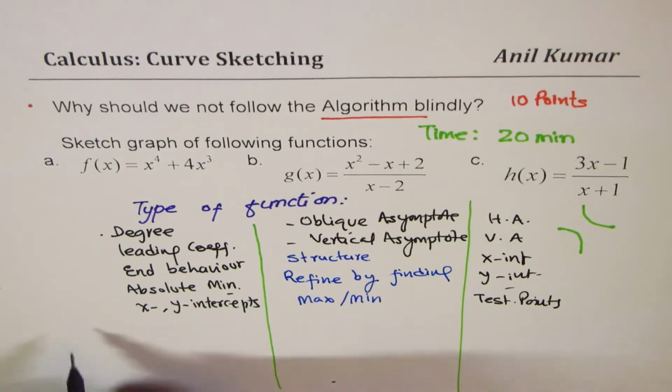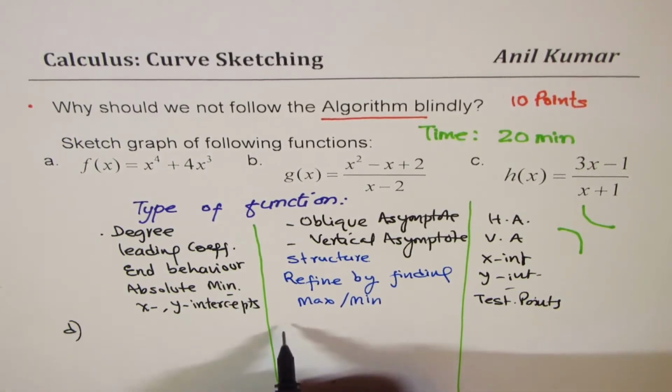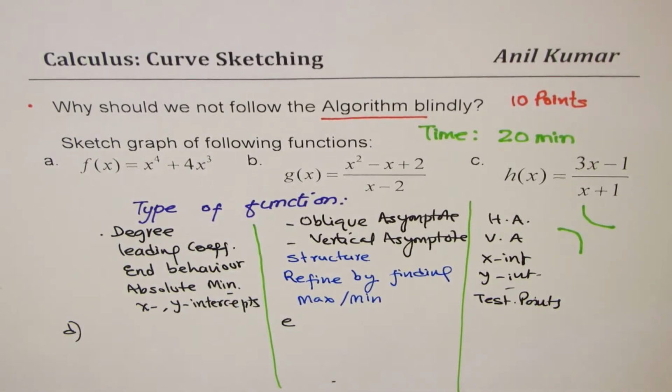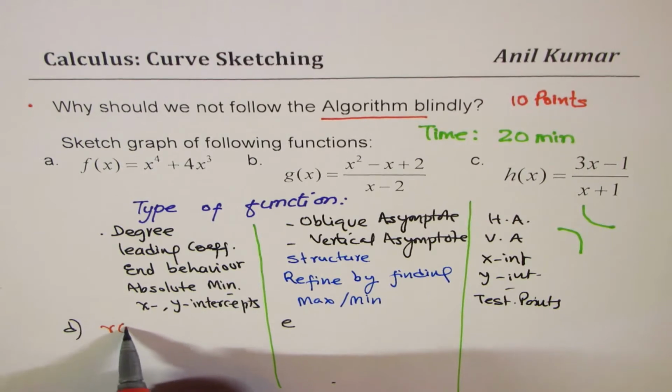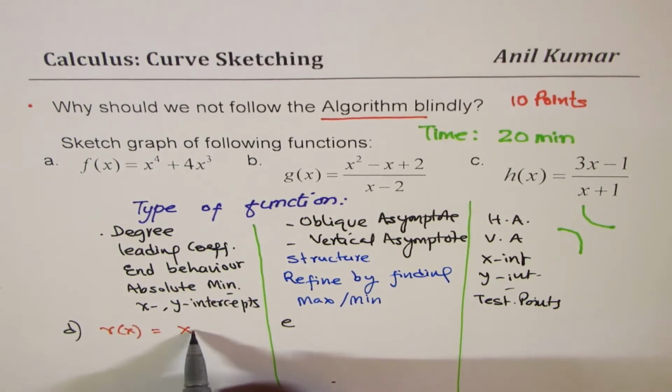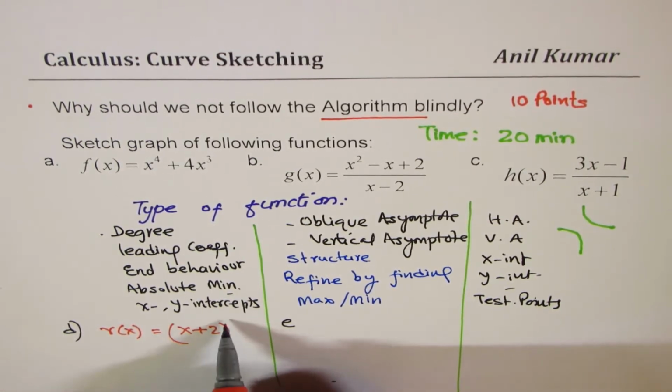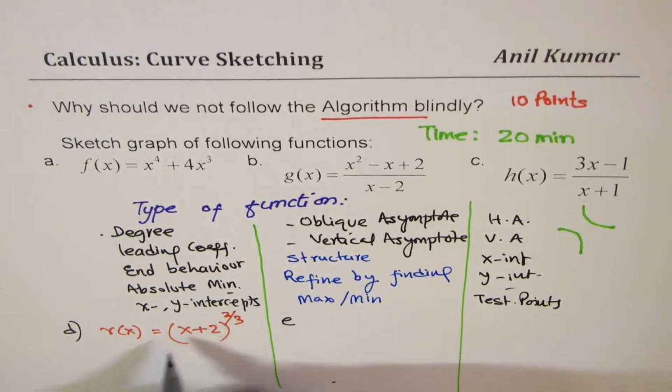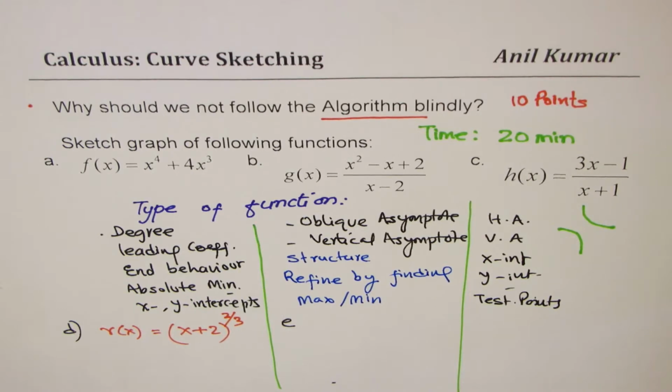Now let me give you some difficult questions to work with, which I'd like to give like this. Let us say one of my functions will be a radical function, say x plus 2 to the power of, let's keep it simple, 2 over 3. So that is a radical function, right?